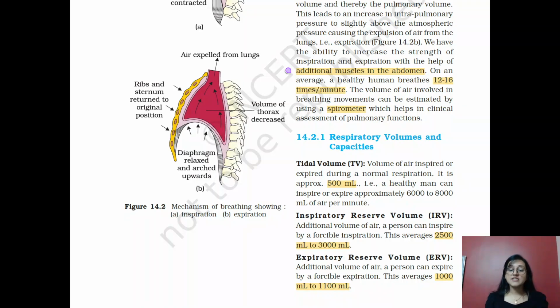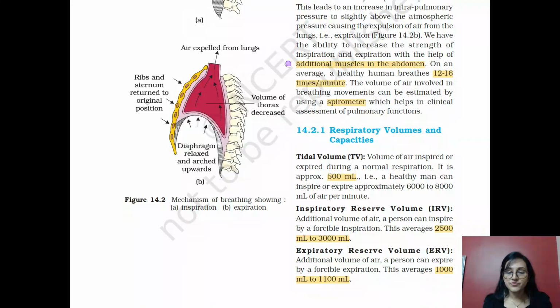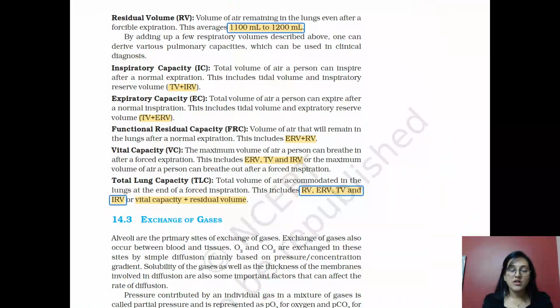This averages 1000 ml to 1100 ml. Now comes the residual volume or RV. It is the volume of air remaining in the lungs even after a forcible expiration. This averages 1100 ml to 1200 ml.